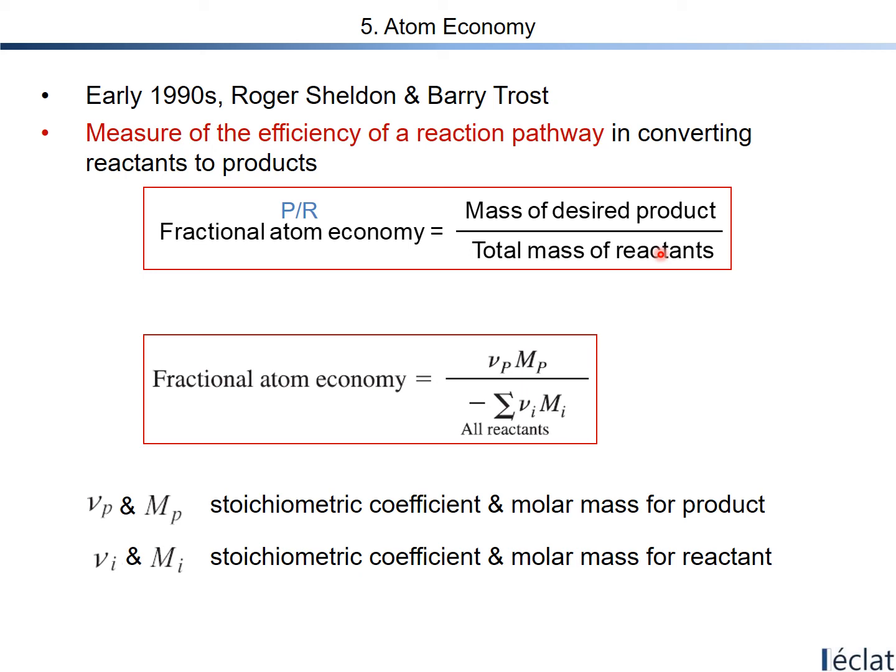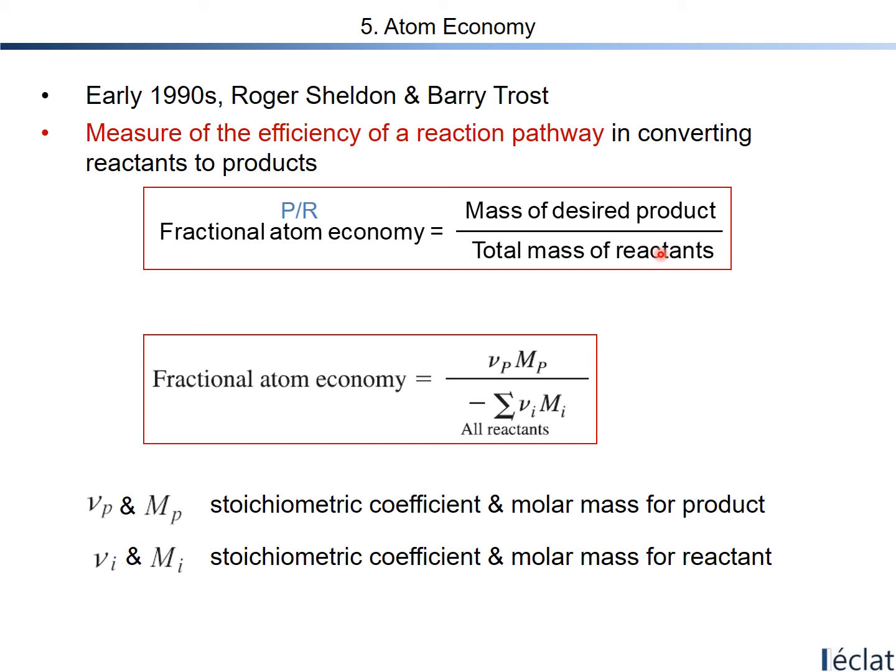In the RP ratio or BP ratio used in the generation consumption analysis, we have used moles. Please remember, we have used the stoichiometric coefficient for calculating RP ratio and BP ratio.